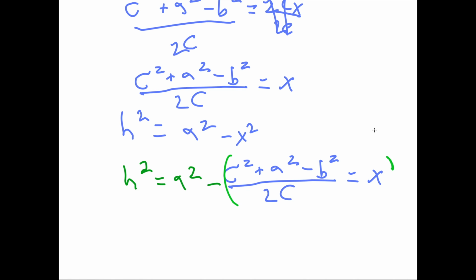I copied the x as well, that's not what I wanted. Delete.